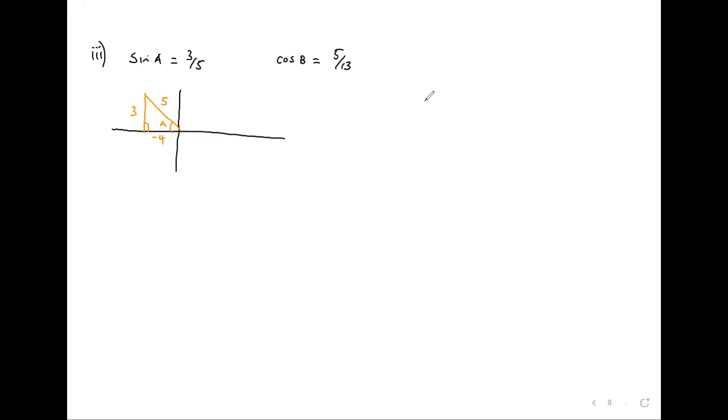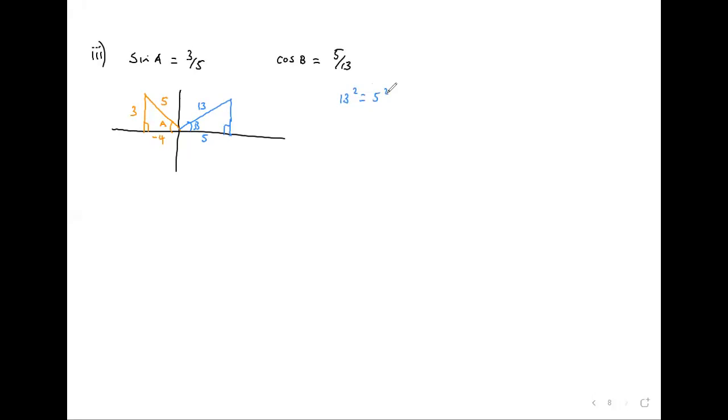What about B? B is an acute angle. So meaning that B is in the first quadrant. So you can draw B here. That is 90. This is B. And that is cos. Cos is adjacent over hypotenuse. So calculate for the missing side. So we say 13 squared is equal to 5 squared.